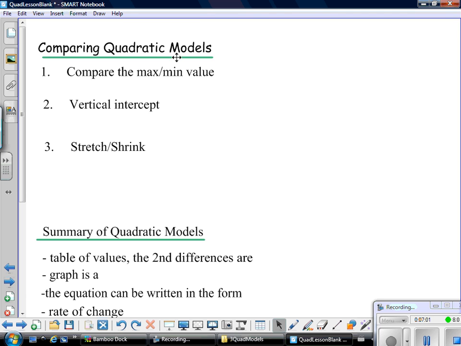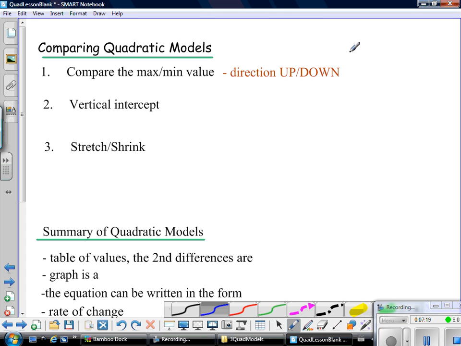Now, when we're comparing quadratic models, so when we're comparing one from another, there are a few different things we're going to look at or that we can comment about. First of all, we can comment about its direction. Does it open up or down? Obviously, if it opens up like this, what we end up having is the vertex here is important. It tells me there's a minimum value, so I'm never going to go below that.